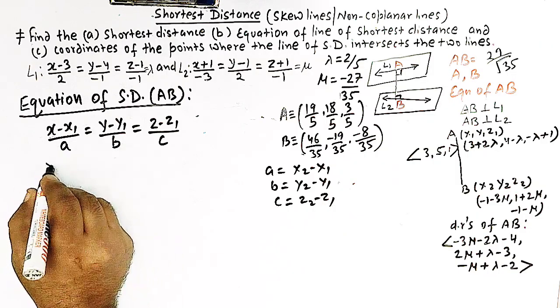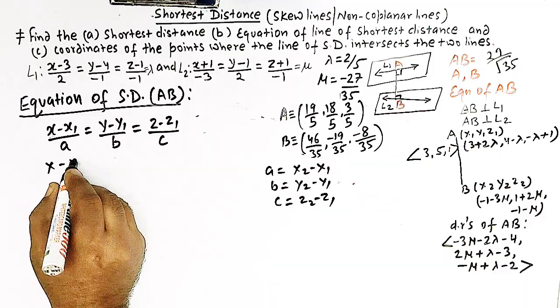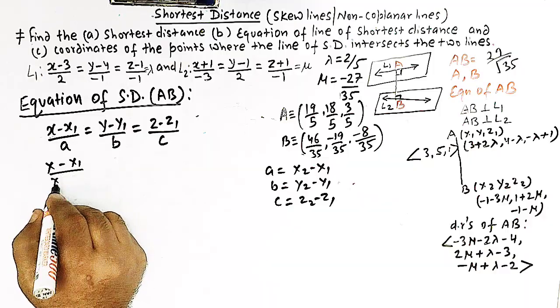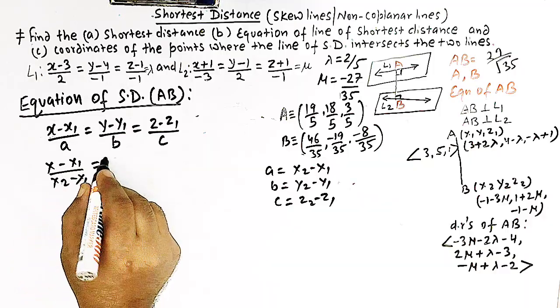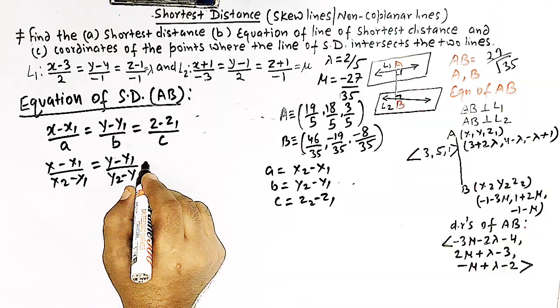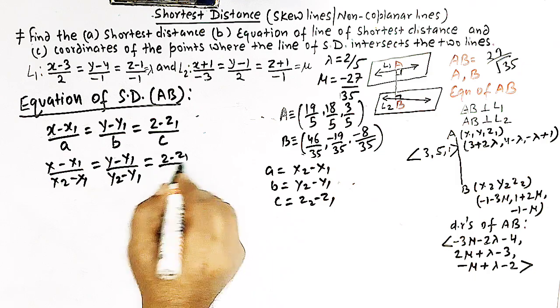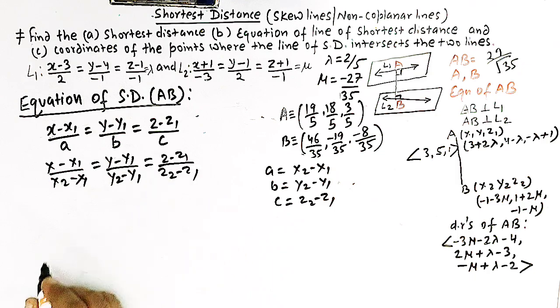So we can also write the symmetric form of the equation of AB as x minus x1 over x2 minus x1, y minus y1 over y2 minus y1, and here we have z minus z1 over z2 minus z1, right?